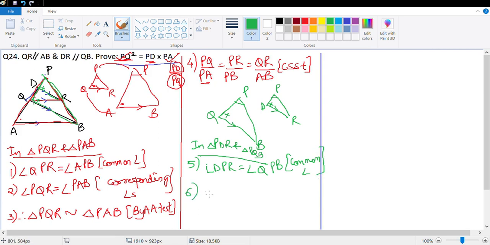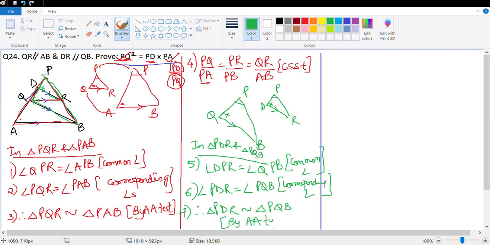Second one, angle PDR is equal to angle PQB, again corresponding angles. Therefore, triangle PDR is similar to triangle PQB, with P equal to P, D equal to Q. This is by AA test.